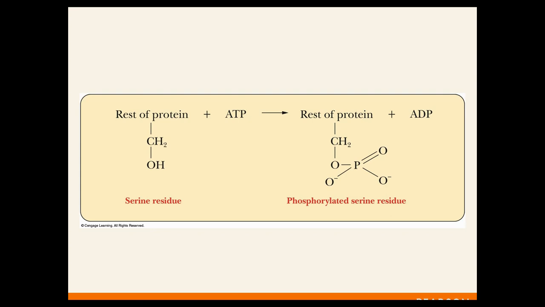It is going to be able to grab a phosphate from ATP, and that's a phosphorylation event. You see how here's serine, and then the ATP was shown in the previous slide. So one of the phosphates was transferred on there. And then what's left is adenosine diphosphate. So ATP goes to ADP, and then the phosphate's transferred.